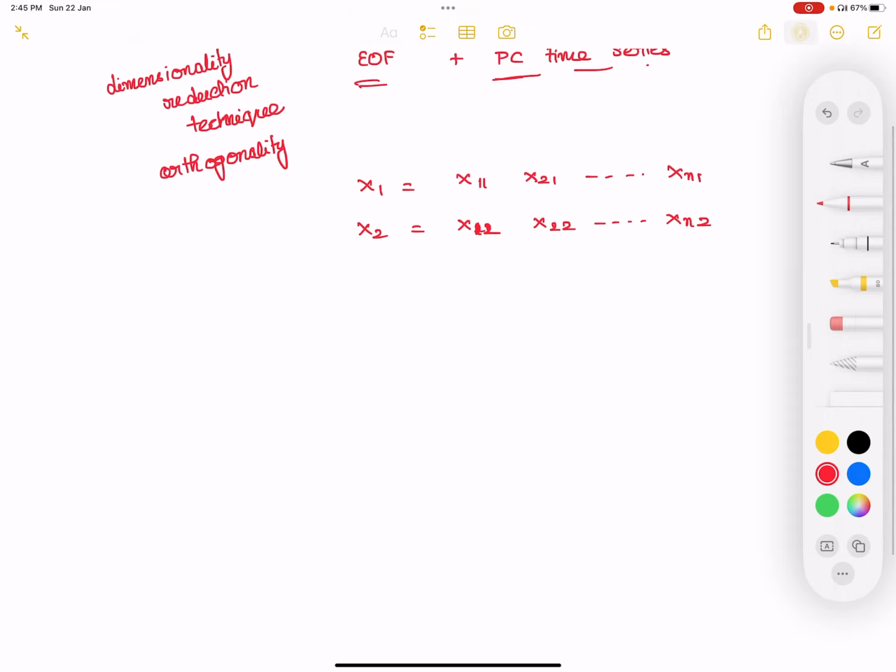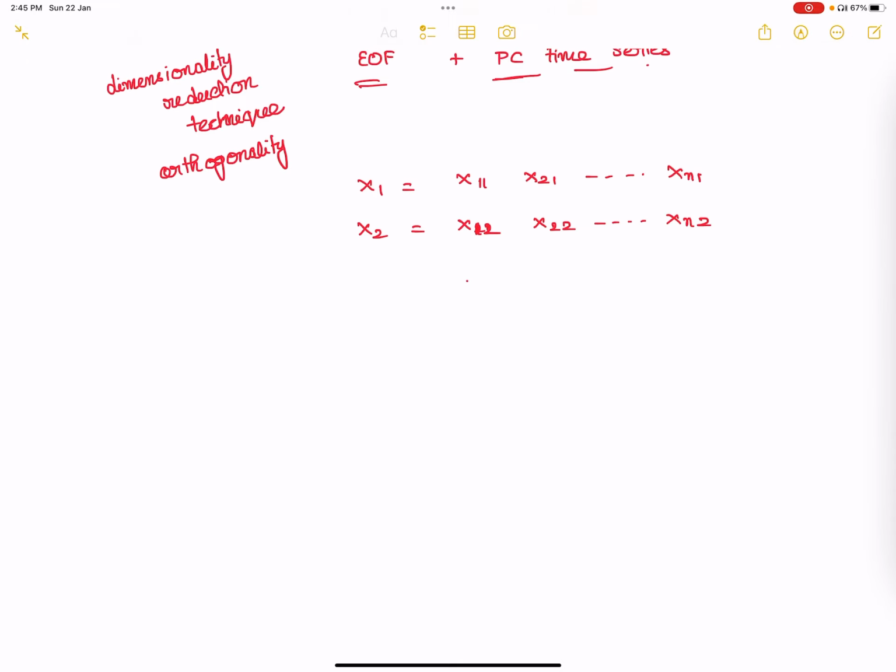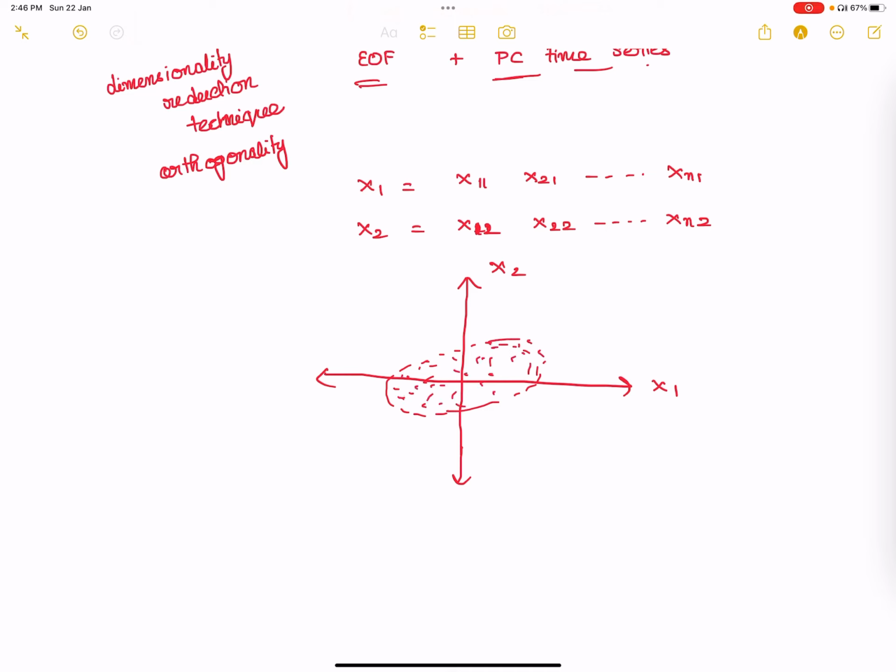Now, if we draw a graph, which any lecture on principal component analysis generally has, you have an x1 and x2 scatter plot. Then most of your points are lying over this particular area, and some deviations are definitely there. Points are here and there, placed over these regions. Now, what is the variance in the x1 direction?